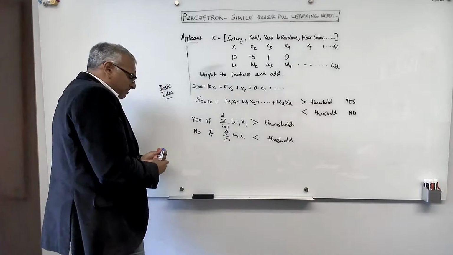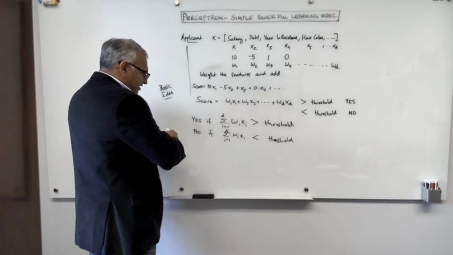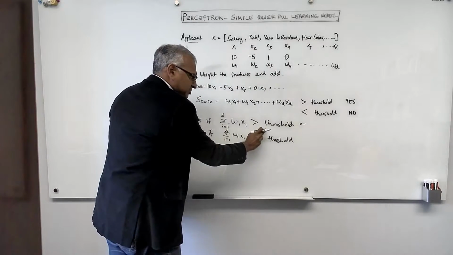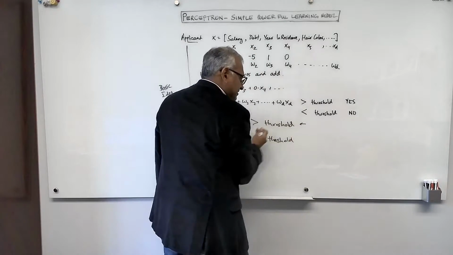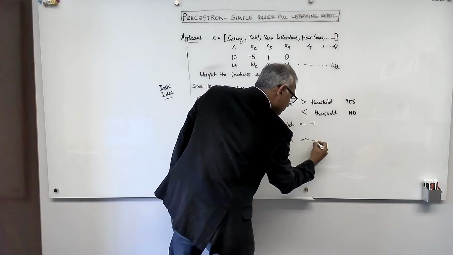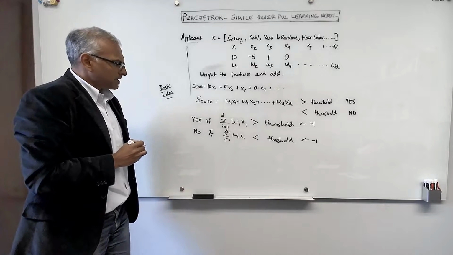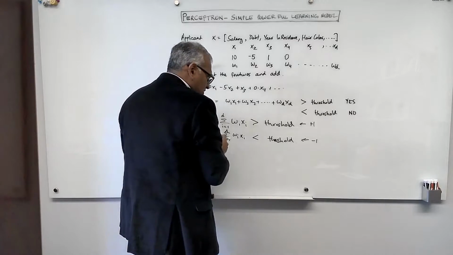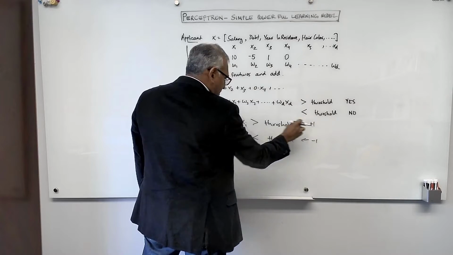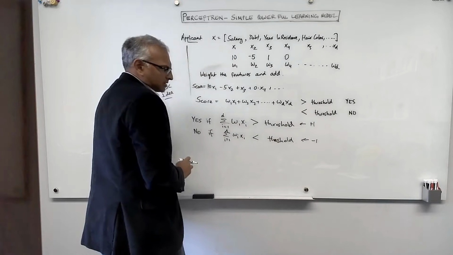Okay, now remember I said that we can encode the yes as +1. So my decision is yes, but that's equivalent to saying my decision is +1, and my decision is no is equivalent to saying my decision is -1. Now we observe that basically what we're doing is comparing this to a threshold and saying +1 if it's greater, -1 if it's less.